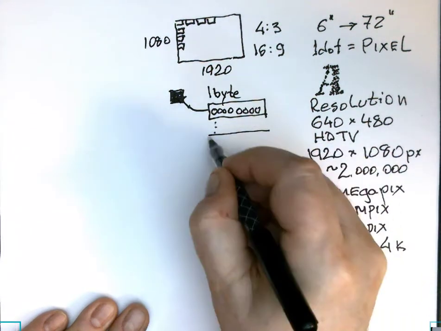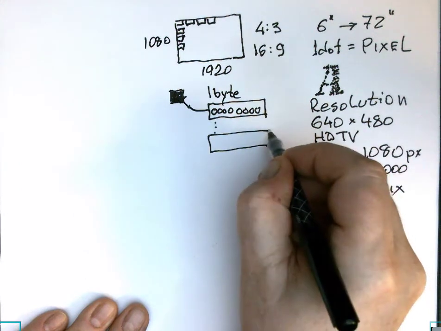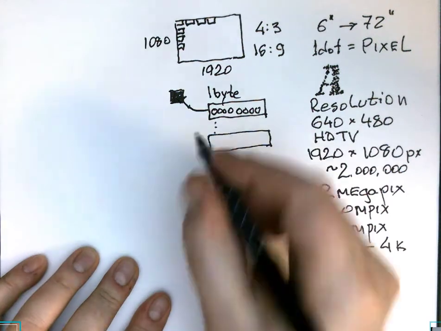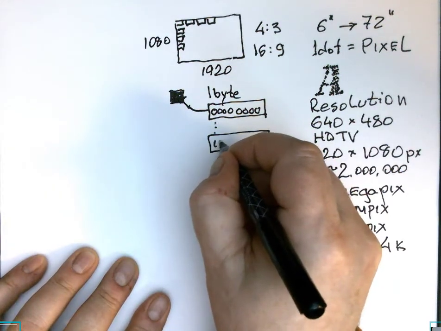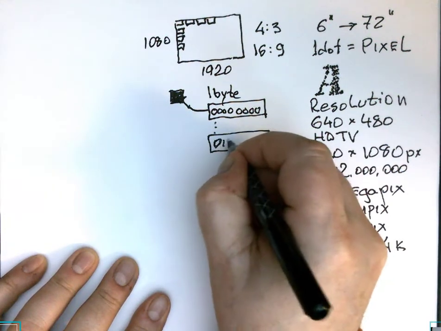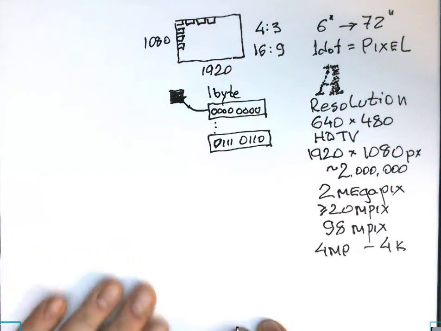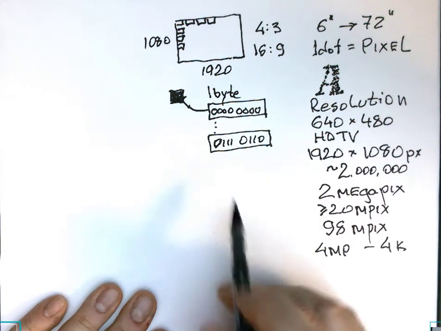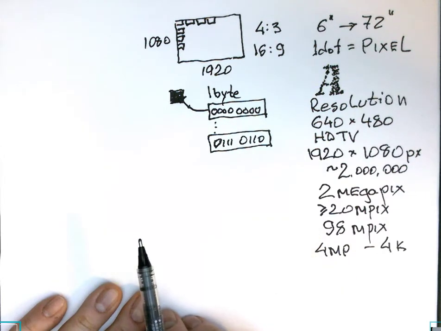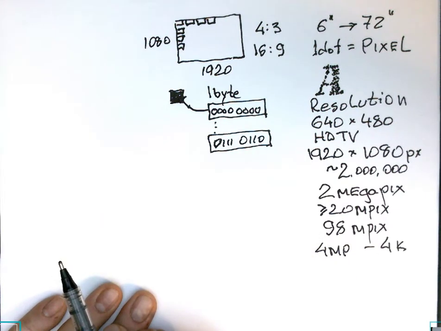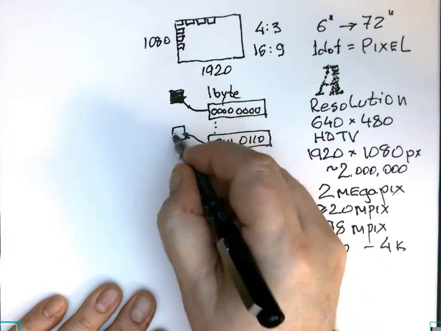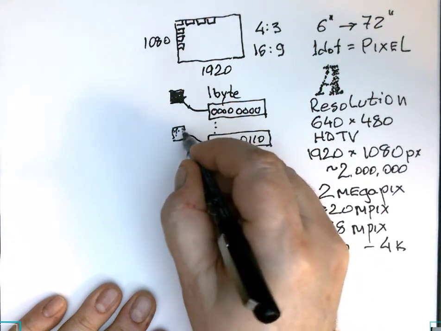If you take something in the middle of the content of the byte, let's say we take the byte connected to this pixel, and it will be like this: 0111 0110, something in the middle of the total number of variations that the byte can have. So how does the pixel connected to this byte look?